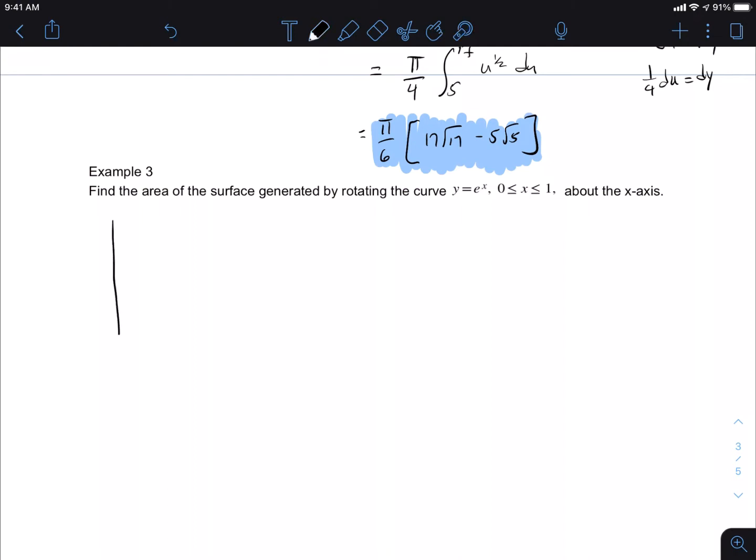We all know how to graph e to the x, right? So we know at 1 and then it's going to explode this way, correct? We know that the rotation is going about the x-axis, so it's being rotated this way, and so we see that this thing's going to look something like this, right?